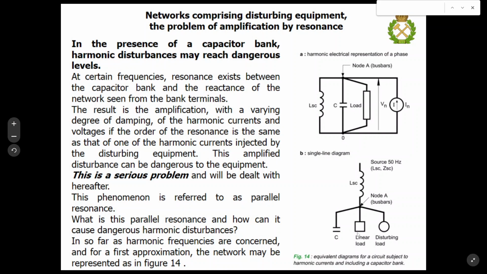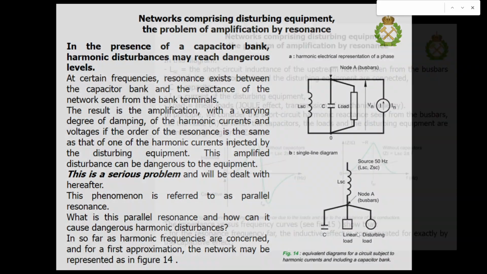And also in the presence of capacitor banks, such resonance conditions can be very frequent, and that's why we should use technologies to prevent such resonance conditions.